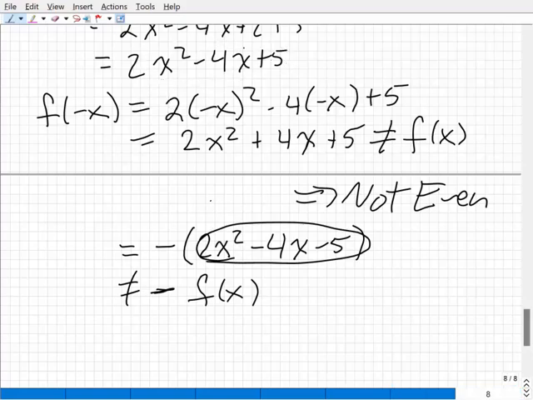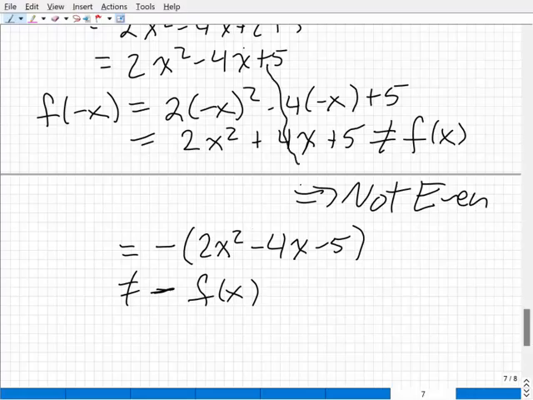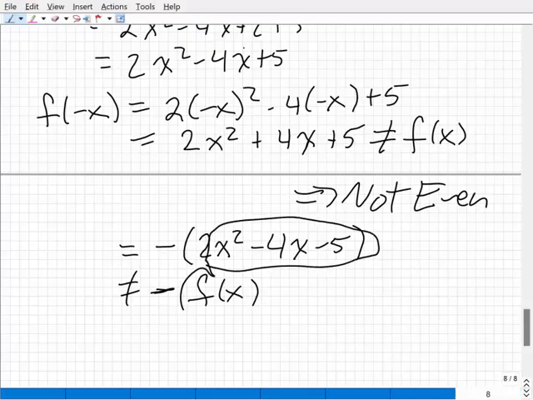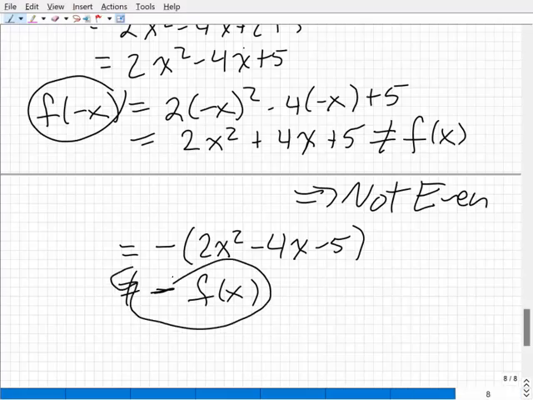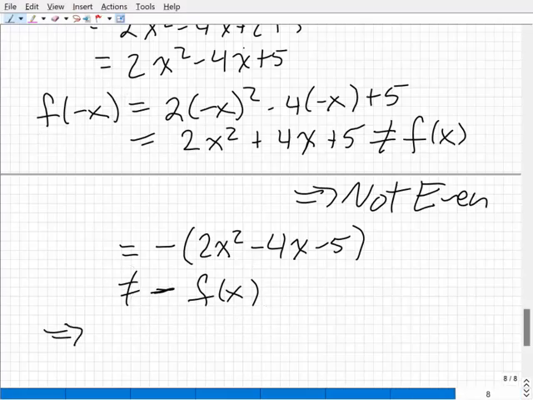There's a positive 2x, and there's the negative 4, but those are different. So this is not a negative f of x, because this is not f of x. So saying that this is not that, that's the same thing as saying, again, multiply both sides by a minus.